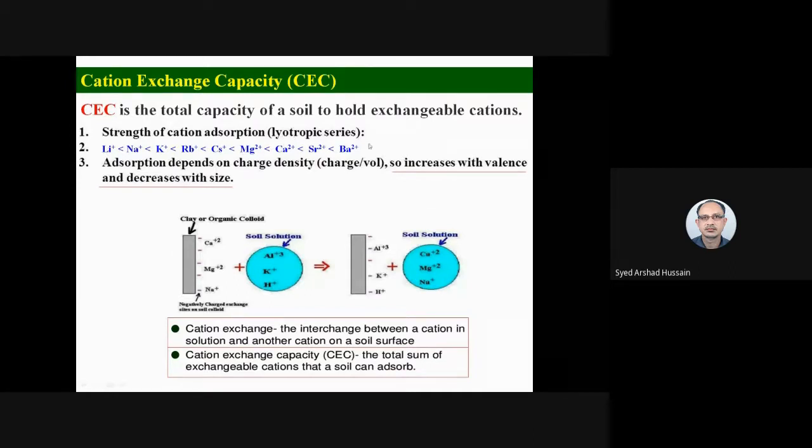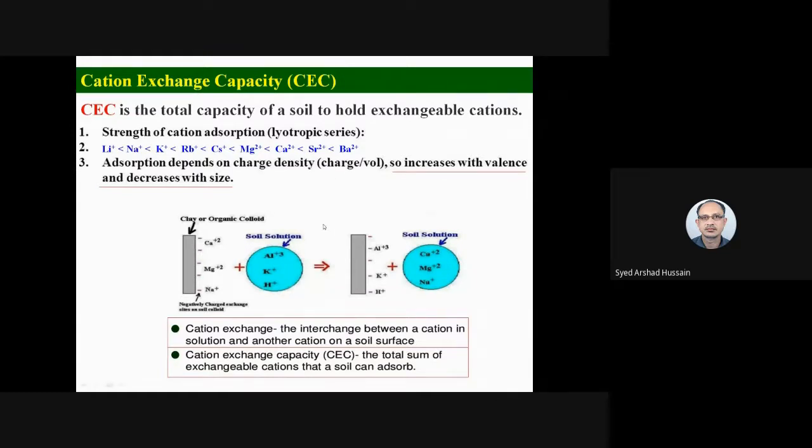So if this type of cations are there in your system, you can see there is a high probability that Ba+2 will incorporate in the system faster. And adsorption also depends on charge density, that is charge per volume or per gram unit of your clay system, and also size of the ions also.